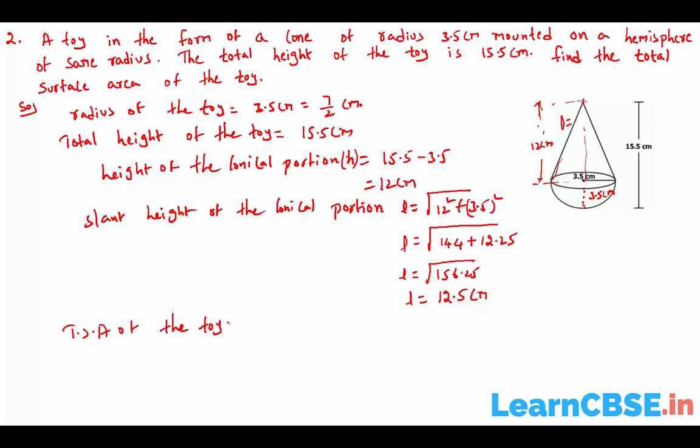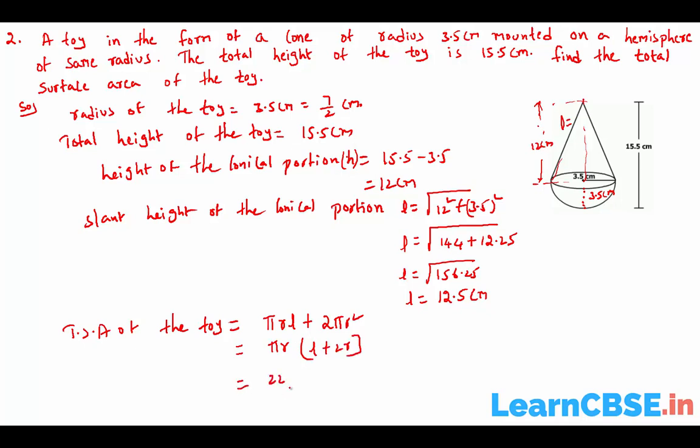Now the total surface area of the toy equals pi r L plus 2 pi r square. If you observe, it is the curved surface area of the conical portion plus the curved surface area of the hemispherical portion, because both ends are closed and we cannot observe the bases, so the total surface area is the curved surface area of the cone plus the curved surface area of the hemisphere. Now take pi r common, you are left with L plus 2r.